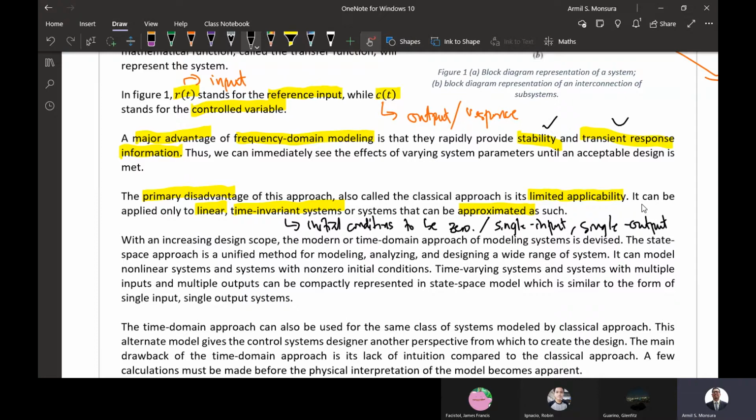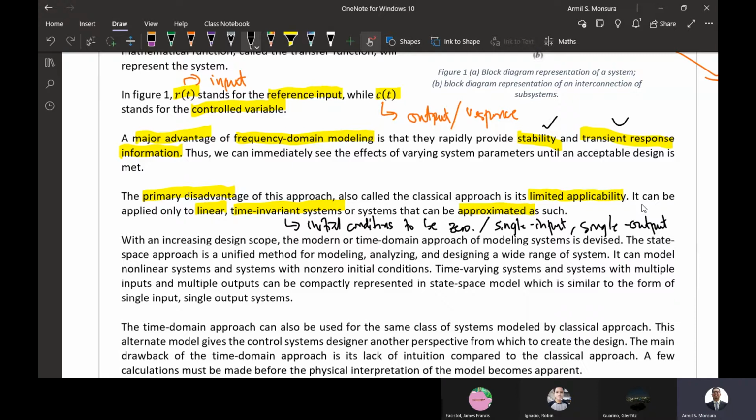So kapag meron na kayong systems na multiple inputs and multiple outputs, medyo magiging complex na rin yung modeling process niyo pagka ang ginamit niyo pa rin is transfer functions.